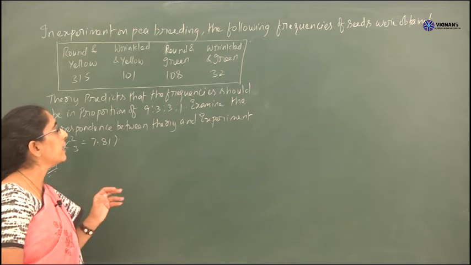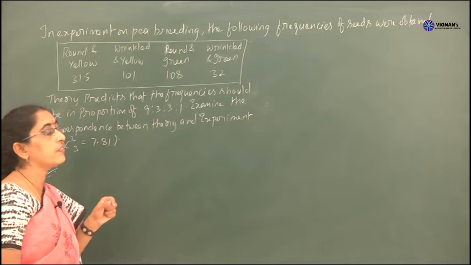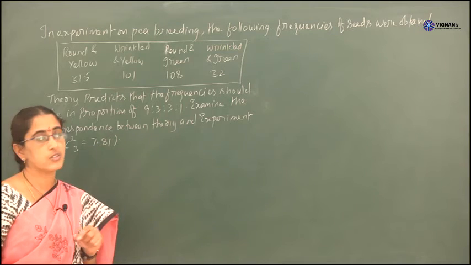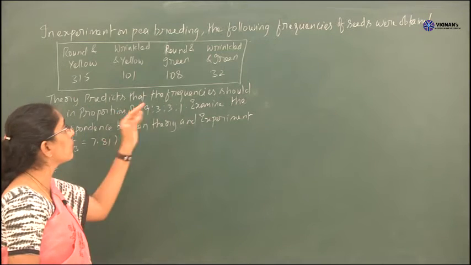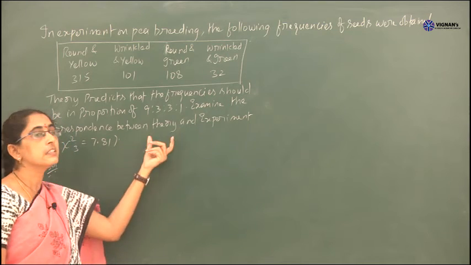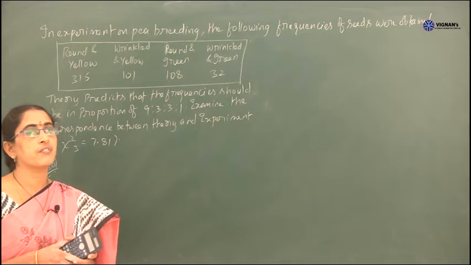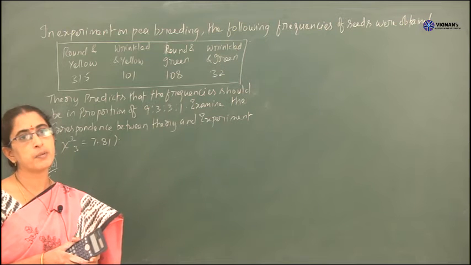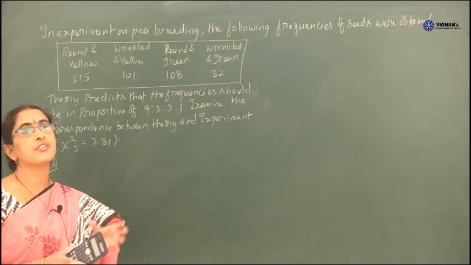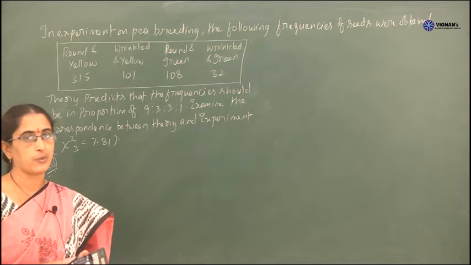Okay. Now here again it is unequal frequencies only. Now how to identify whether the problem is chi-square or not? Here, an experiment on pea breeding, and they are asking you to test the difference between the theory and experiment. Theory and experiment means definitely the data cannot be measured; we just have to find the significance between the theory and experiment. So it is chi-square only.